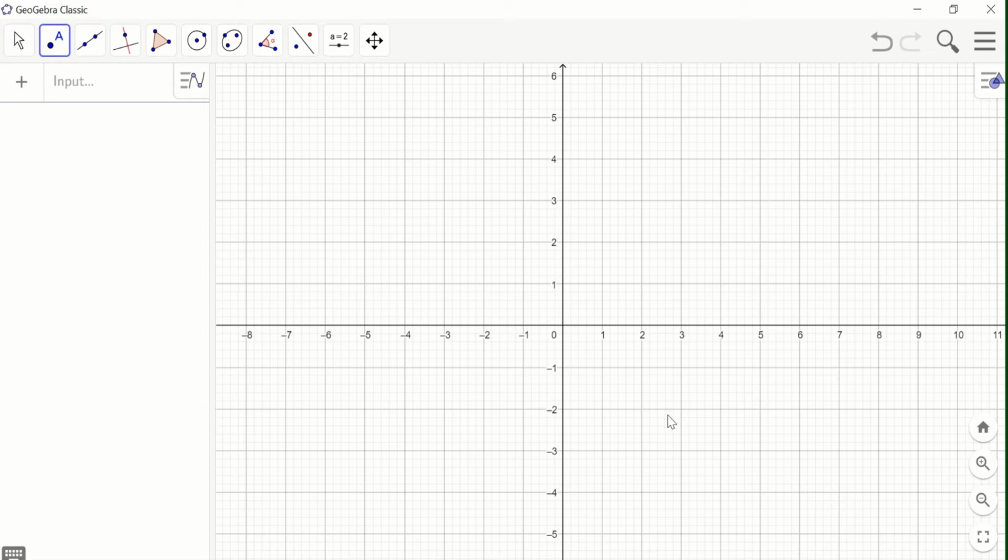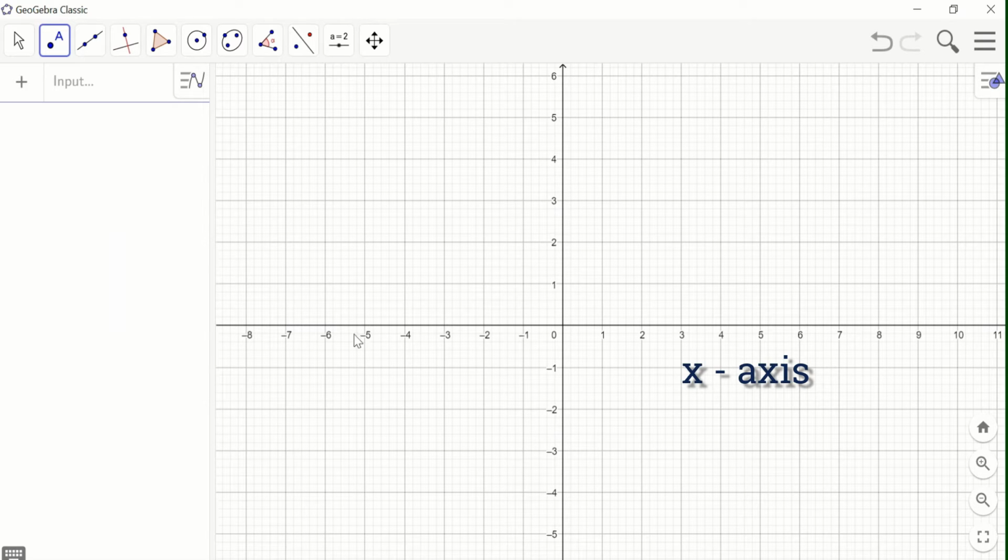In the rectangular coordinate system we have two lines. This is the horizontal line, and we call it the x-axis, because this is where we get the x values. Now, the horizontal line is actually a continuous line, so this is actually a double arrow. We just can't see it here, but there is an arrow on the right side and an arrow on the left side.